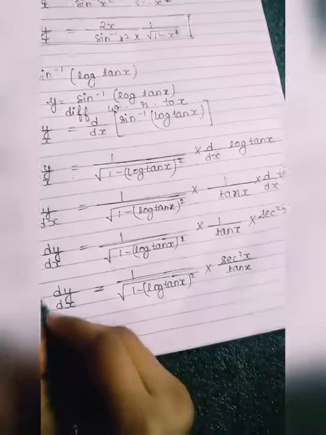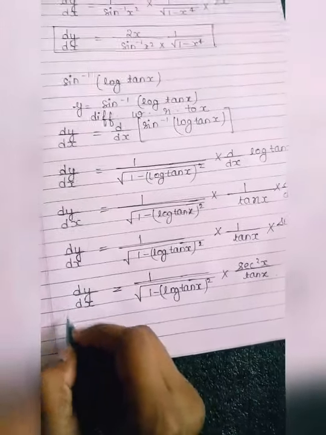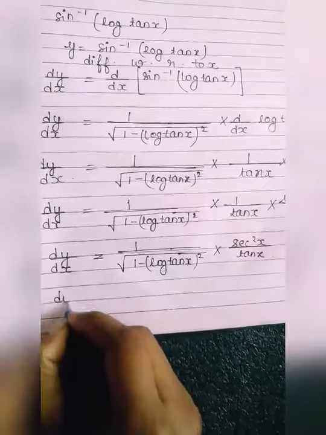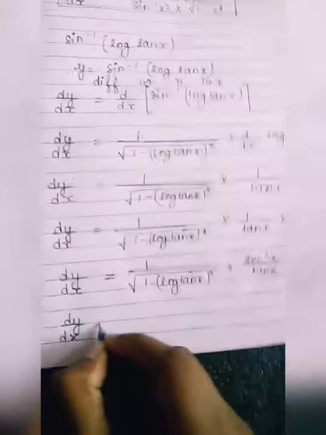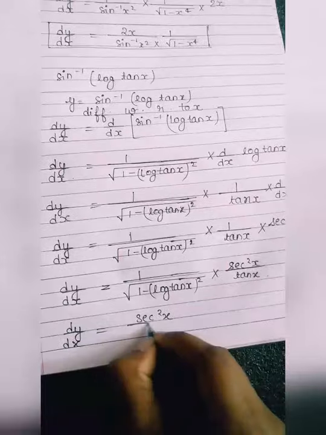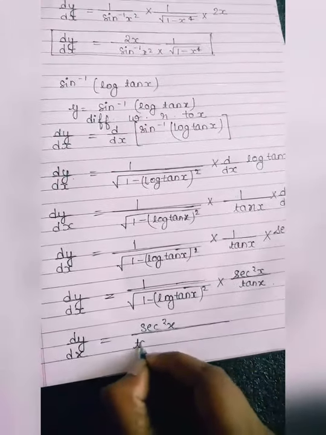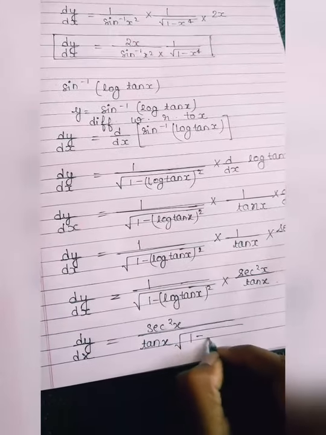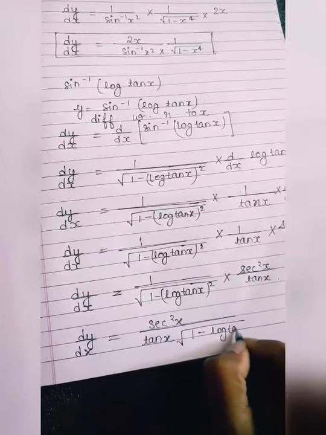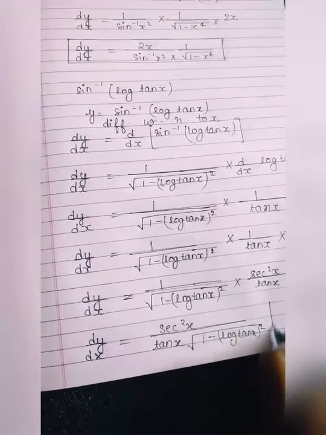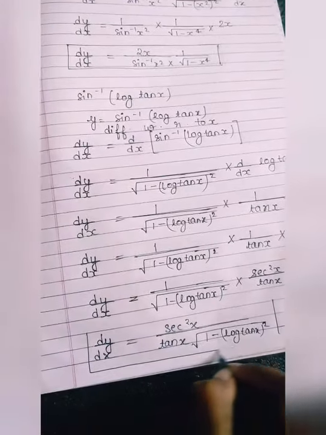So guys, this is our required answer, but write it in a quite beautiful manner. So dy over dx is sec square x over tan x under root 1 minus log tan x whole square. So this is our required answer.